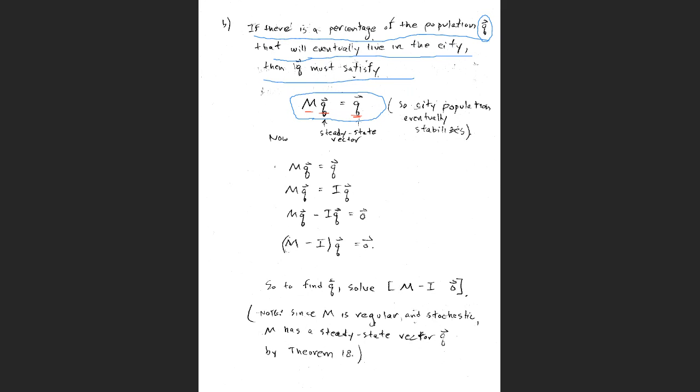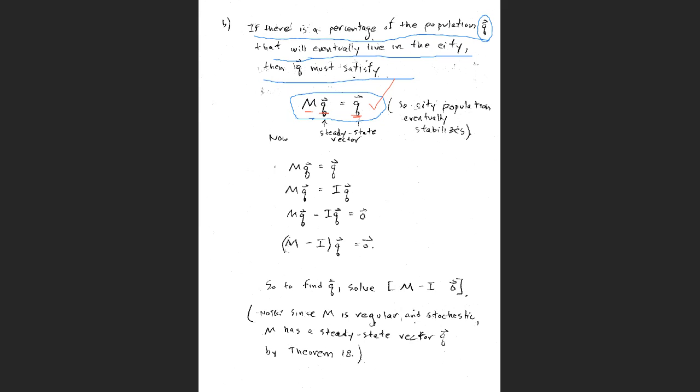When you multiply the vector Q by M, you are finding a new population after a year. But this statement means that the population doesn't change. If M times Q equals Q, then the Q vector has your population percentages, and they didn't change after a year. They'll asymptotically approach a final population. That's exactly right. So we have to solve for Q.